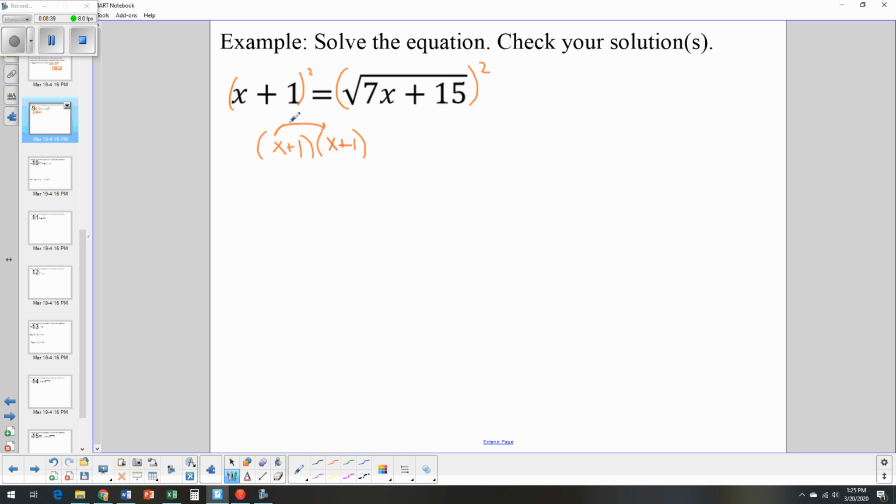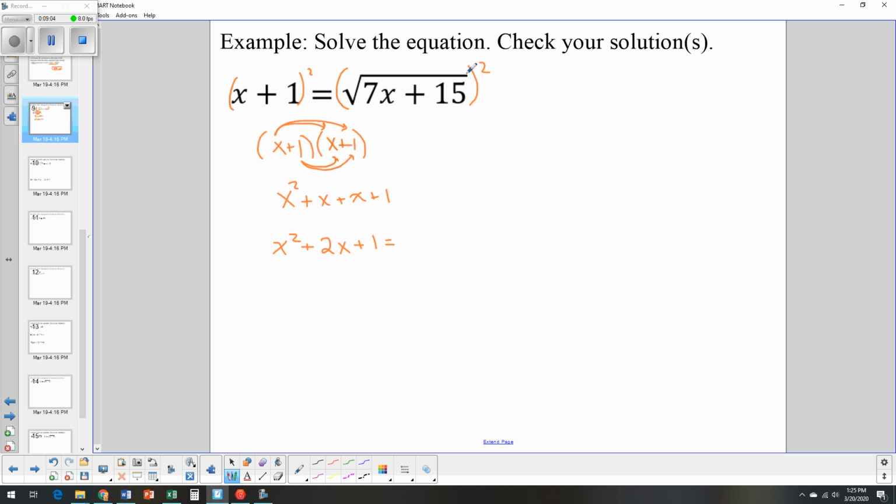So we're going to do the x times both of those. We're going to do the 1 times both of those. So on the left-hand side, we have x squared plus 2x plus 1.